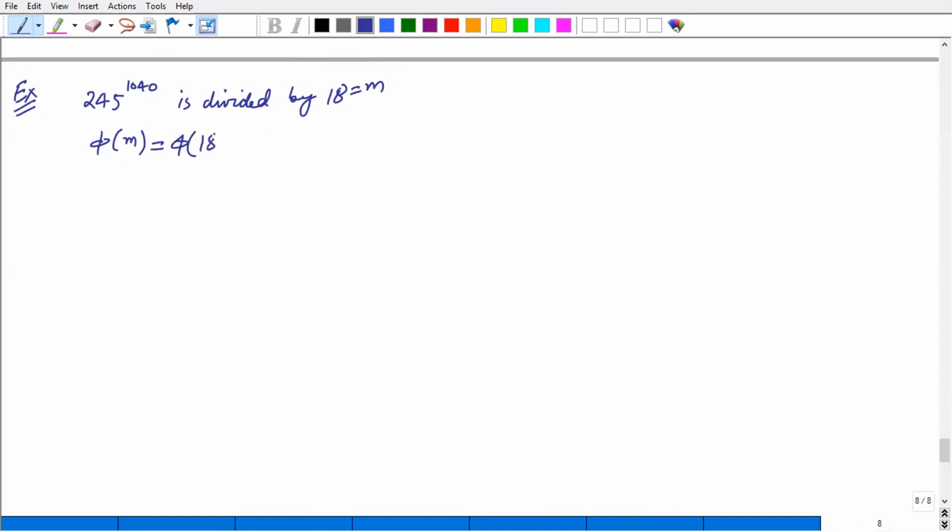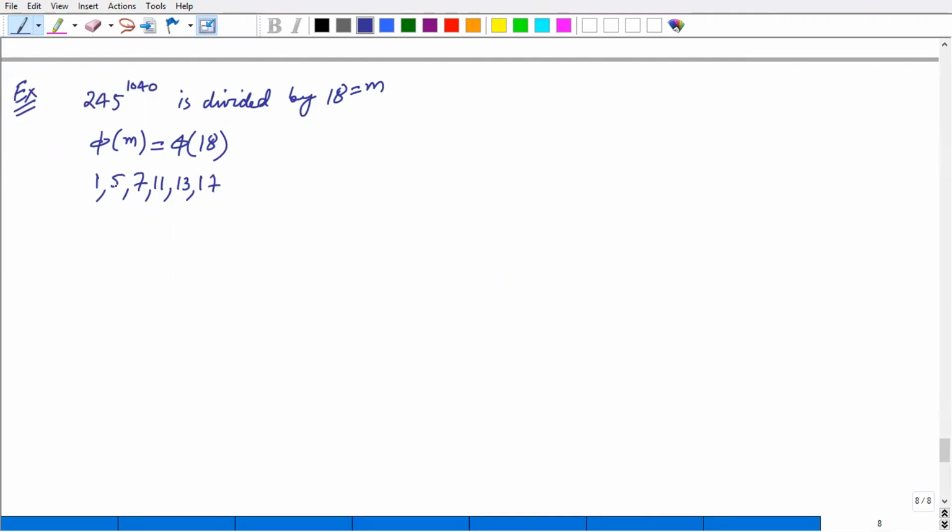So phi 18: the numbers which are relatively prime to 18. 1 is relatively prime to 18, 2 is not, 3 is not, 4 is not, 5 is relatively prime, 6 is not, 7 is, 8 is not, 9 is not, 10 is not, 11 is relatively prime, 12 is not, 13 is relatively prime, 14 is not, 15 is not, 16 is not, 17 is relatively prime.